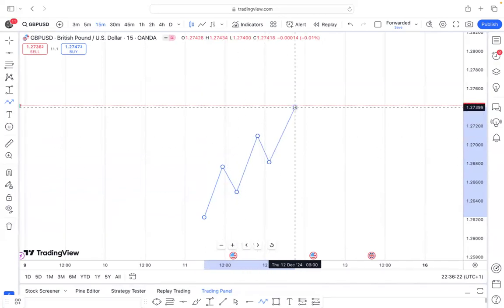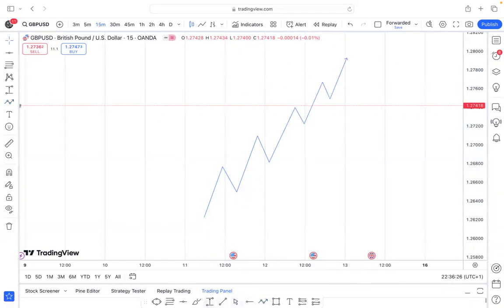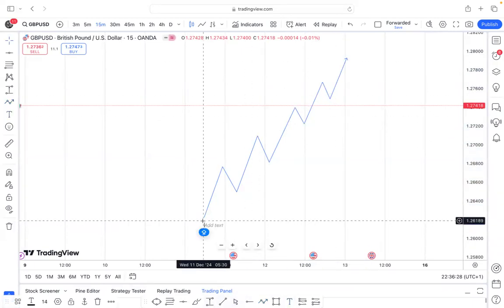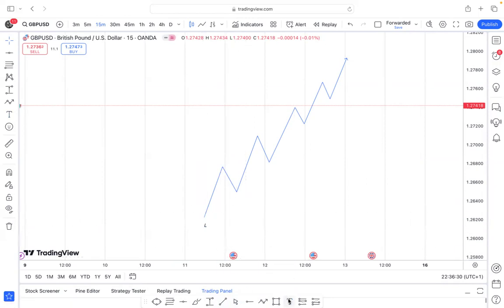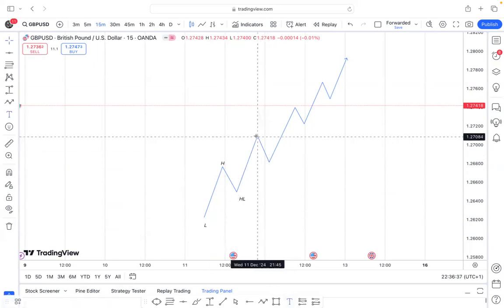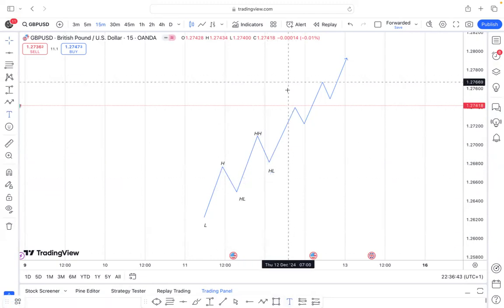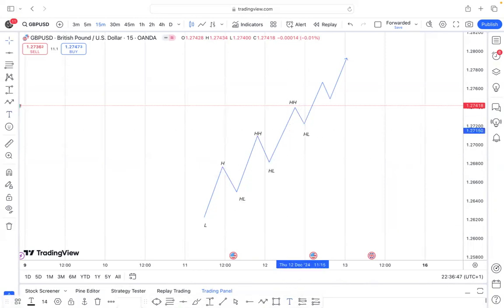This would be our low, this would be our high, this would be our higher low, this would be our higher high, higher low, higher high, and so forth.